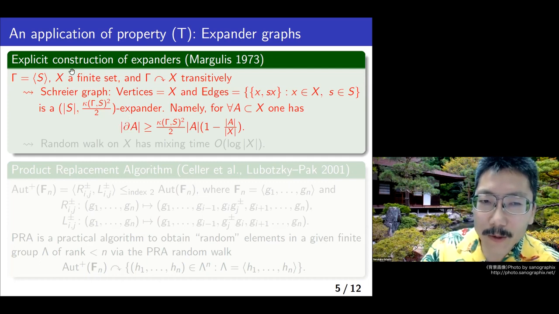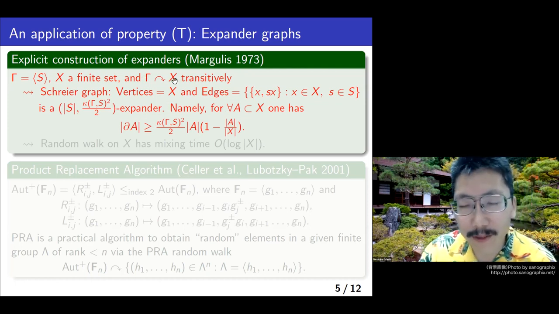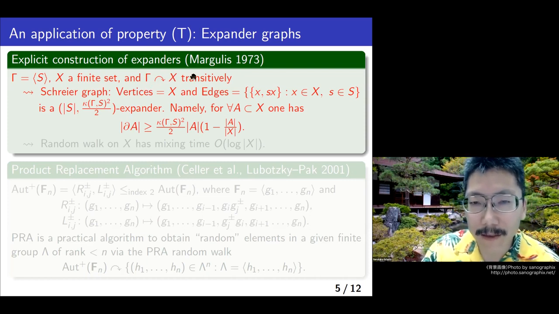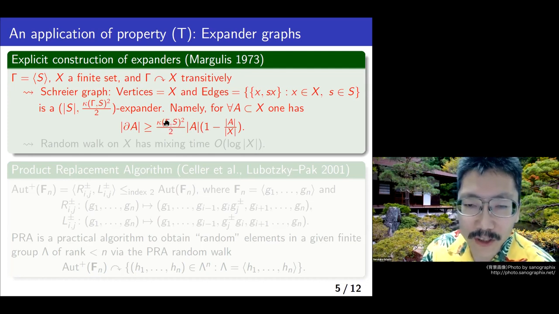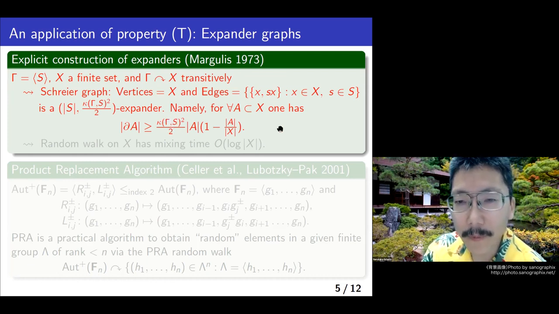But the explicit construction was given by Margulis, and he used Kazhdan's property T. If gamma has Kazhdan's property T, then any homogeneous quotient is an expander graph, with expansion constant, called the Cheeger constant, of the order of the Kazhdan constant squared.